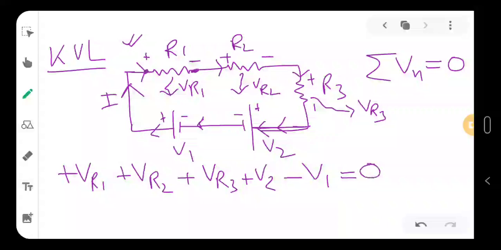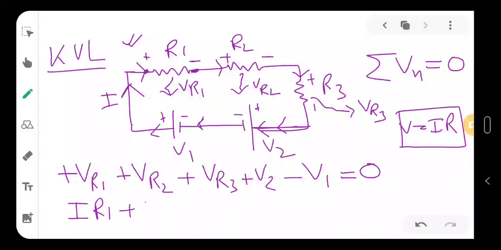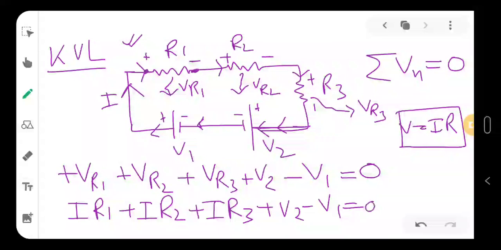Now VR1, VR2 we can find out using Ohm's law, because we know that V is equal to I into R. So VR1 will be IR1 plus IR2 plus IR3 plus V2 minus V1 equal to 0.